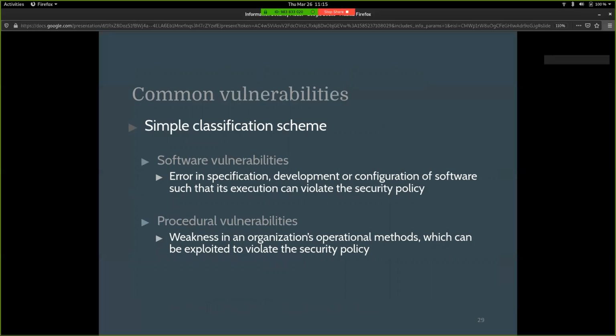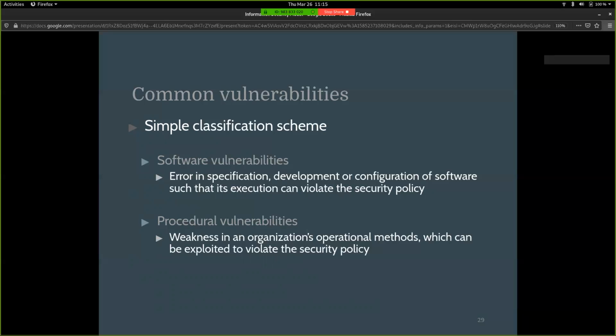So a lot of these vulnerabilities themselves get classified, right? Some of them are specific vulnerabilities in software, whether they're operating systems or applications like Microsoft Office or Windows or iOS. We see updates for these things come out all the time, right? Some of these might also be procedural vulnerabilities.